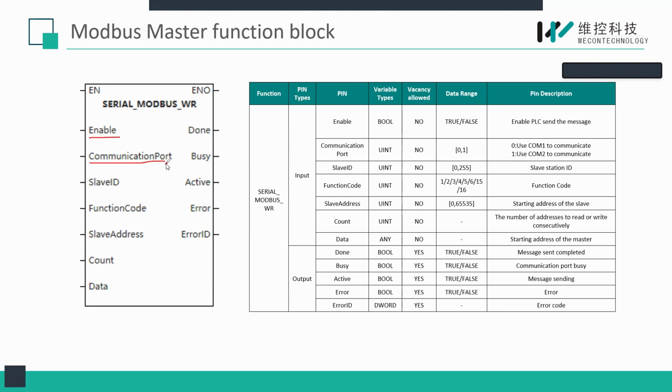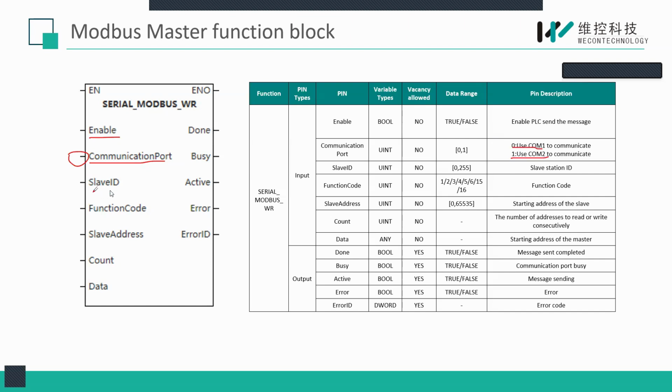As we know, the 6V has two COM ports, X4 and X5. So we can set which COM port we need to use in this part. 0 means COM1 and 1 means COM2.